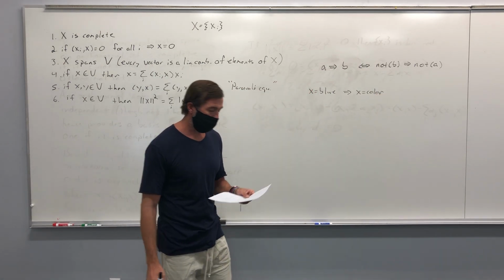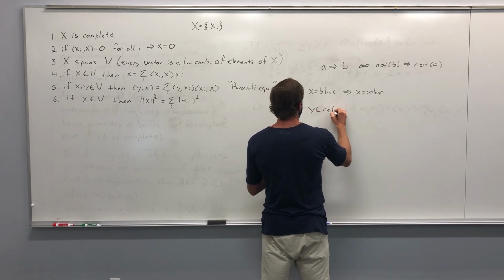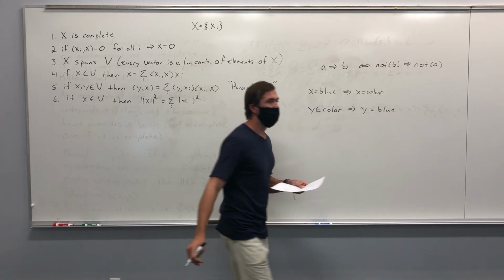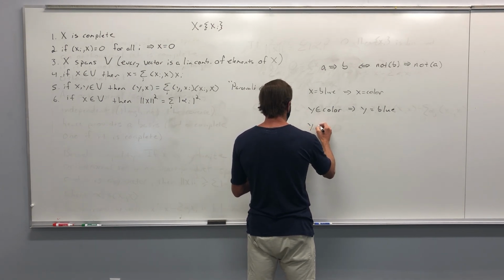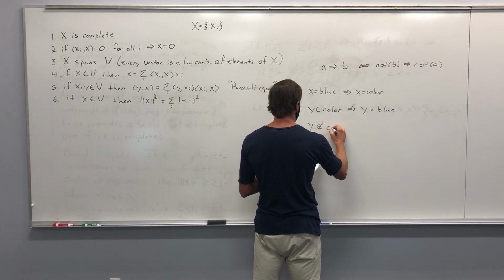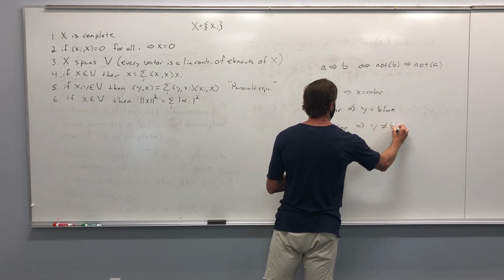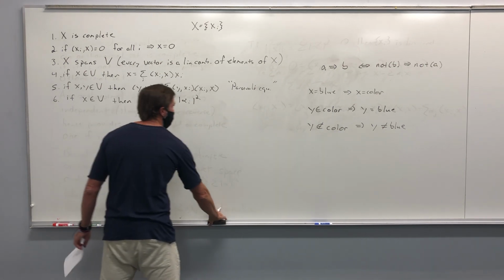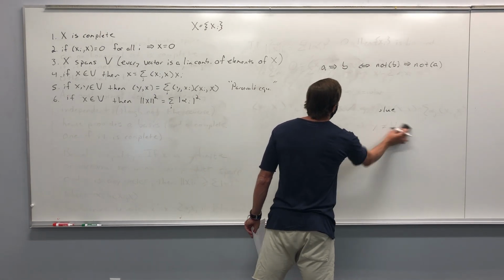Pretty simple. However, does that mean that if Y is a color, then Y is blue? No. Rather, if Y is not contained in colors, then Y is not blue. Everybody agree with that? Okay. So you have to reverse the order of the implication when you're using the negation. That's part of the proofs in the book.